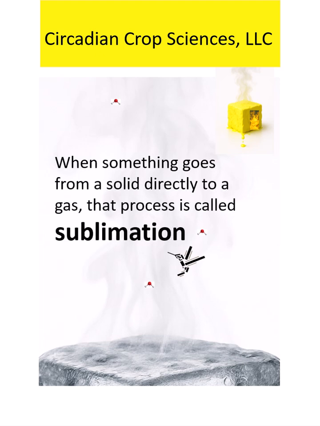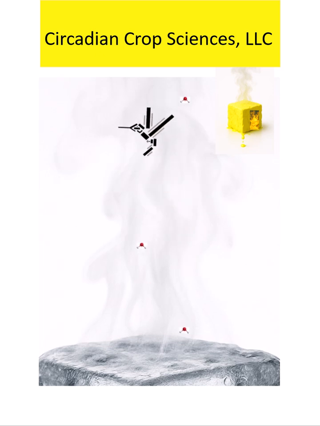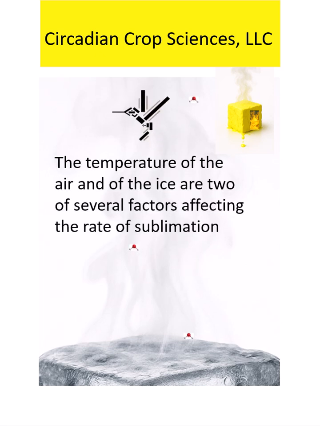When something goes from a solid directly to a gas, that process is called sublimation. The temperature of the air and of the ice are 2 of several factors affecting the rate of sublimation.